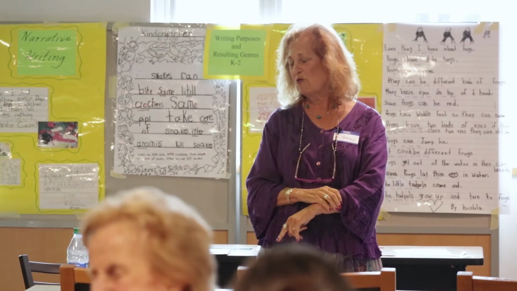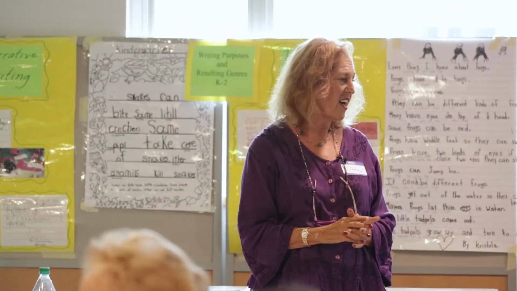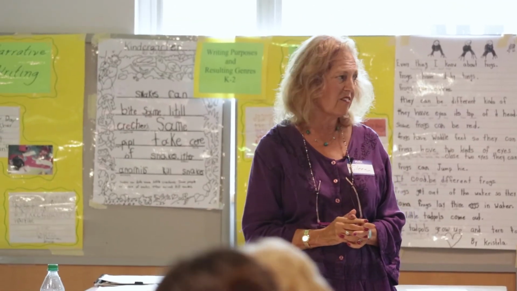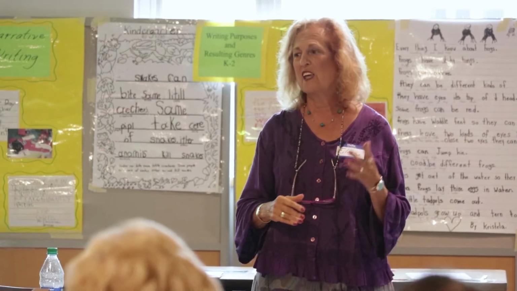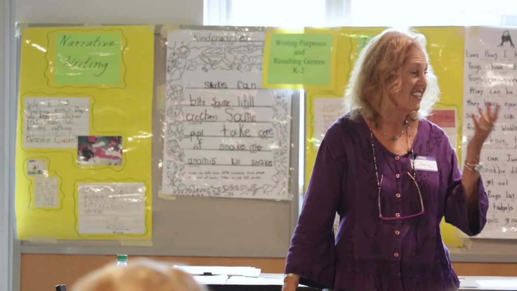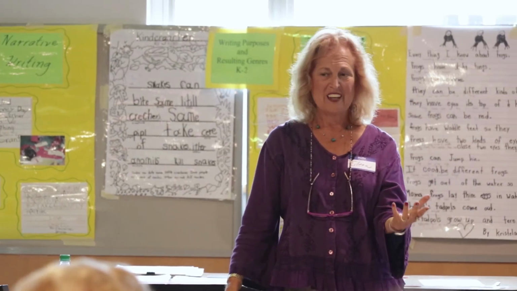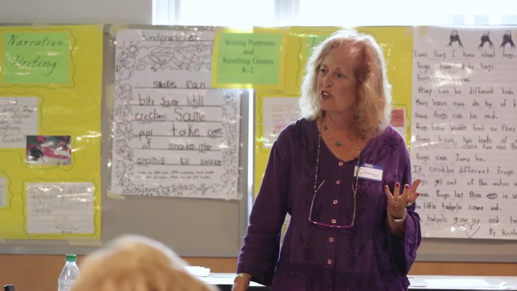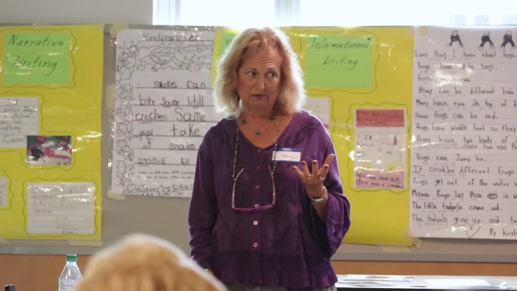When I started doing writing with the kids, I realized that I think it's fully 50% of the high frequency words at the kindergarten level do not look like they sound like they should look. And so one of the first ones that I really started to think about was the word is.